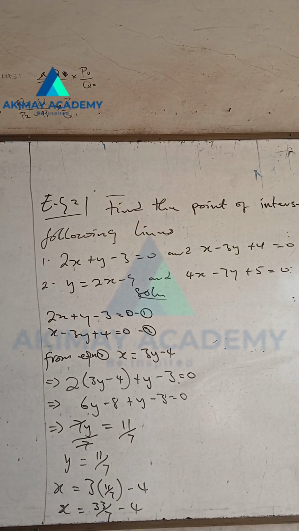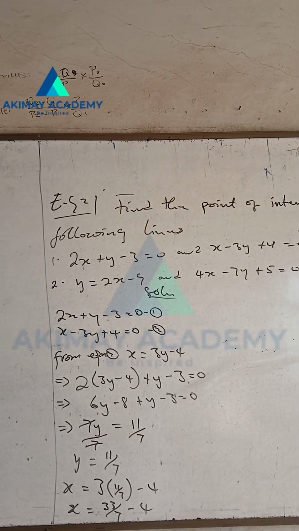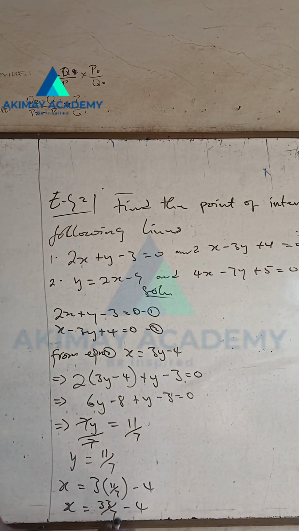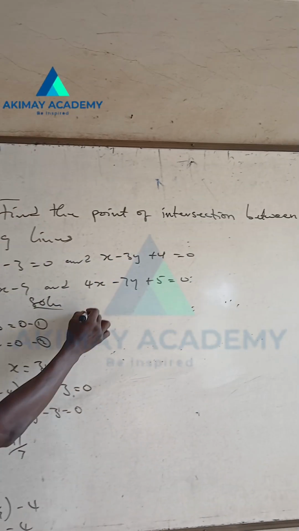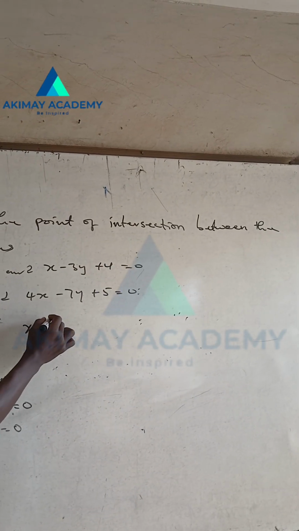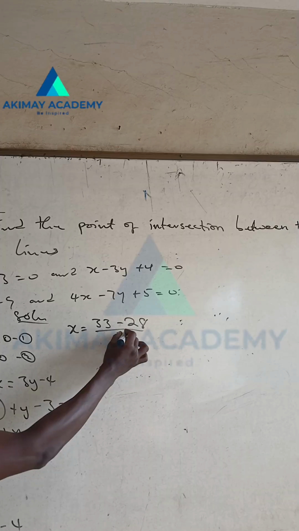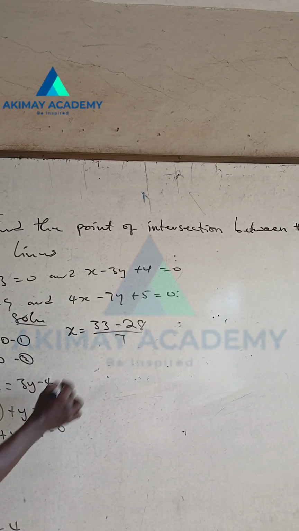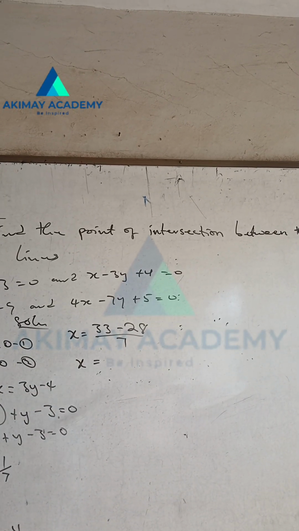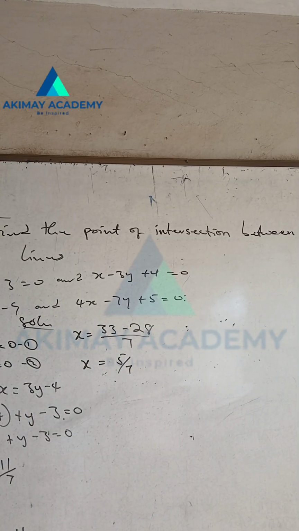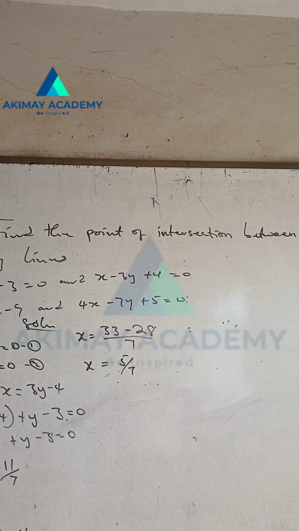So for 7 and 1, you find the LCM, then you follow the approach. 7 times 4 gives us 28. So we are going to have x equal to (33 - 28)/7. And this means our x is going to be 5/7.